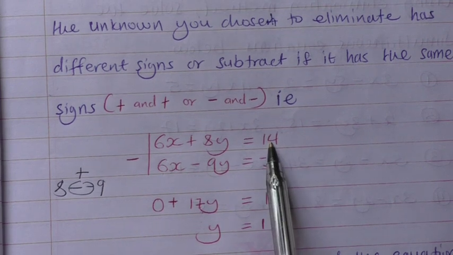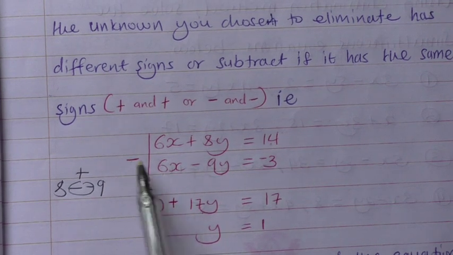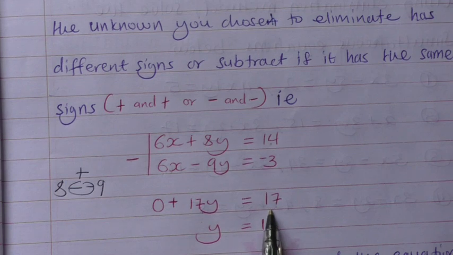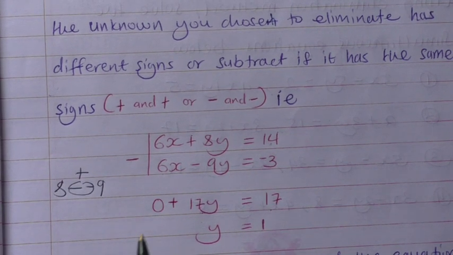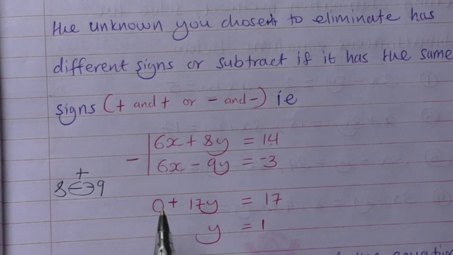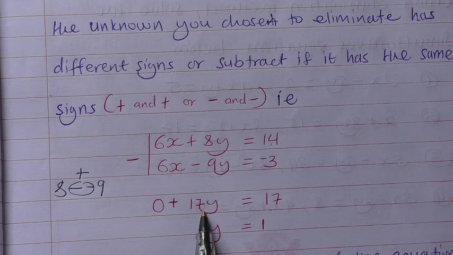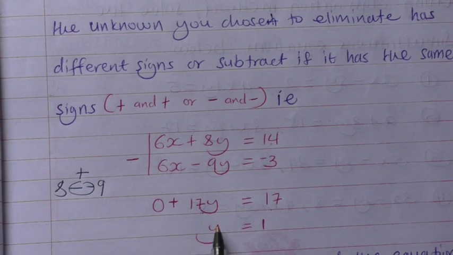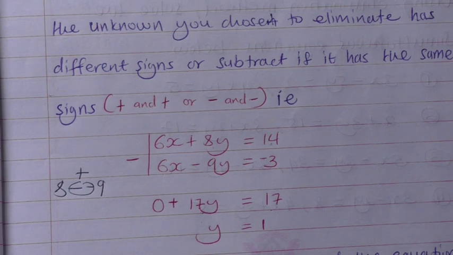Then still the same. 14 minus negative 3 gives us positive 17. And therefore, here we have eliminated the x and we ended up with only one unknown, which is y. And therefore, we can easily divide by 17 to make y the subject, hence getting its value. That has been step 3.